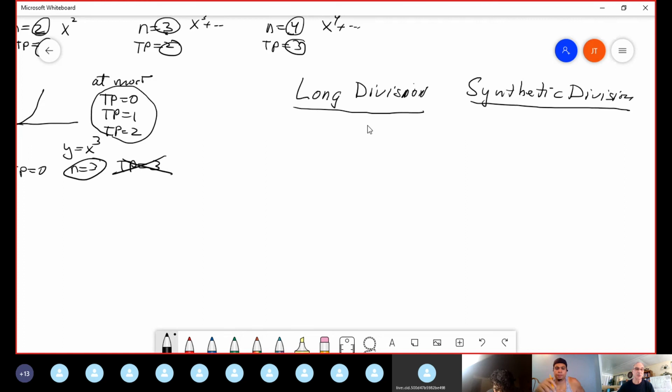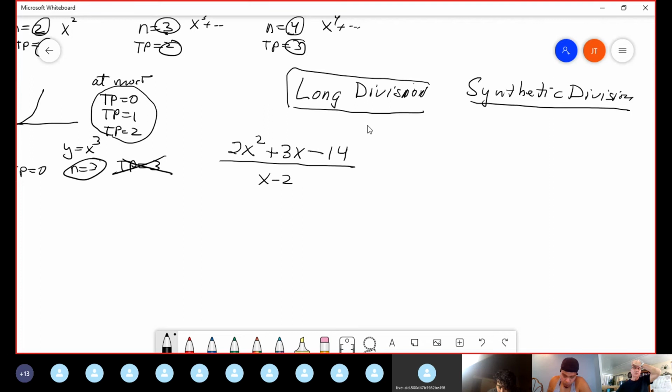Suppose this elementary example: I need to divide 2x squared plus 3x minus 14 by x minus 2. We do it both ways, using long division first and then synthetic division, and you see the advantages and disadvantages.